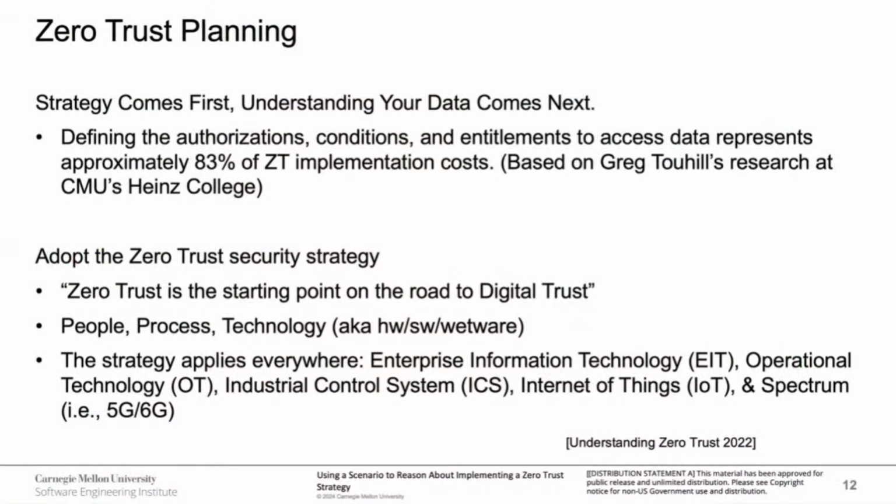So strategy comes first, and that's what we're talking about for zero trust planning. We talked about how there are a lot of things you have to weigh and make trade-offs on to apply a zero trust strategy. But based on research, Mr. Toohill, our director and professor at the Heinz School, has found that the costs associated with zero trust implementation involve defining how you access that data, who can access it, and what they can do with that data.